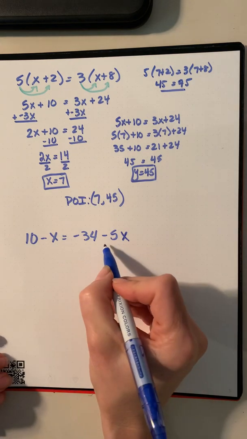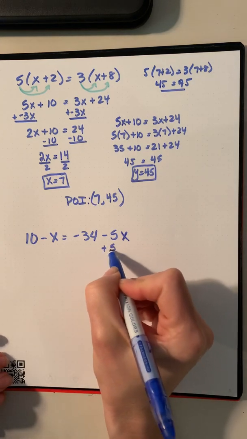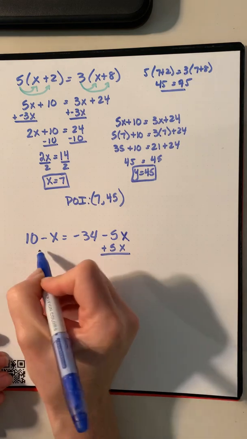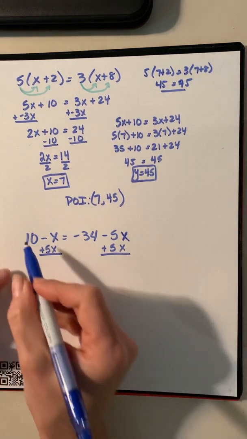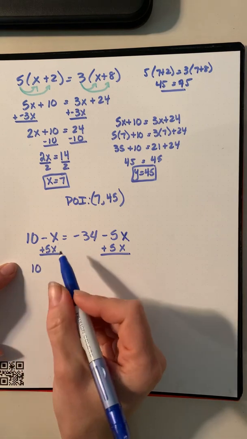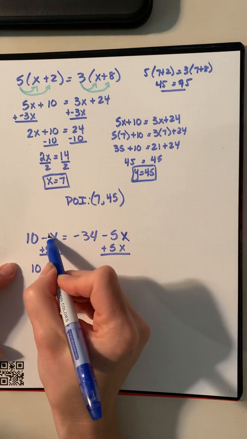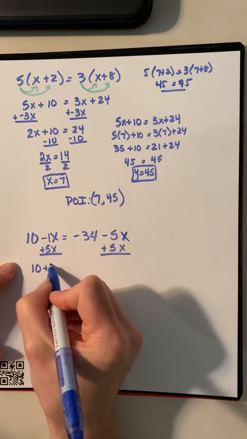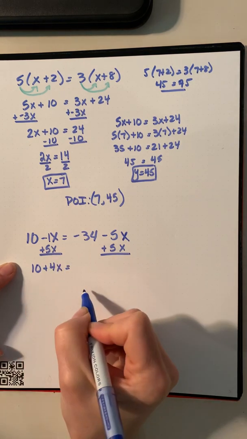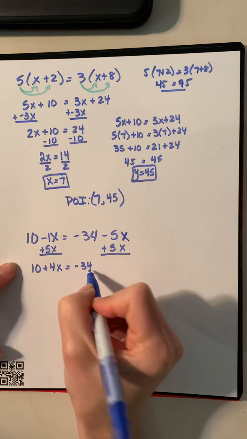I'm going to go ahead and add 5x to this side and add 5x to this side. And look what happens here. I now have 10. And what's a negative? Remember, this is 1x. Plus a positive 5x, well, that leaves me with positive 4x equals negative 34.